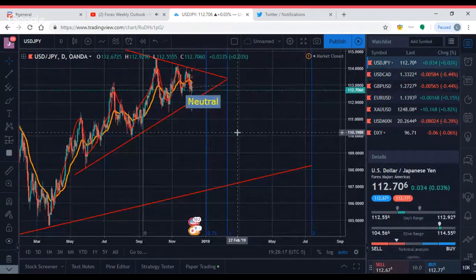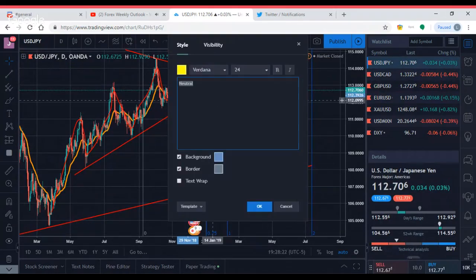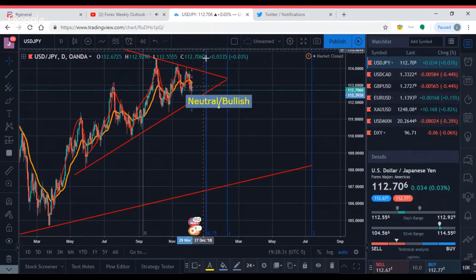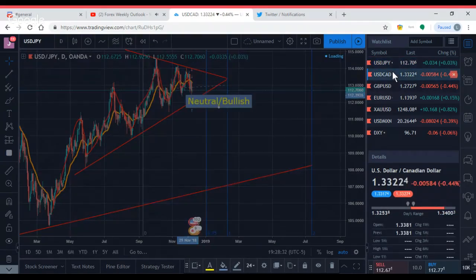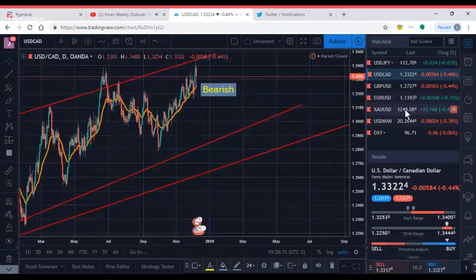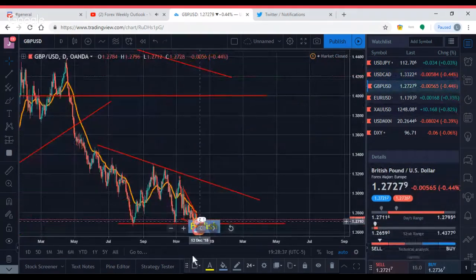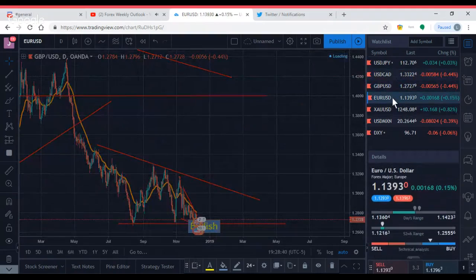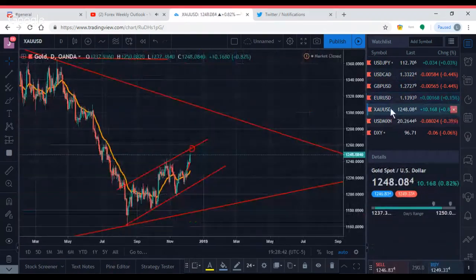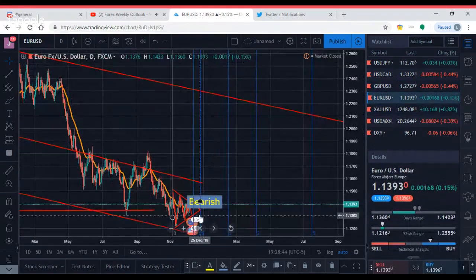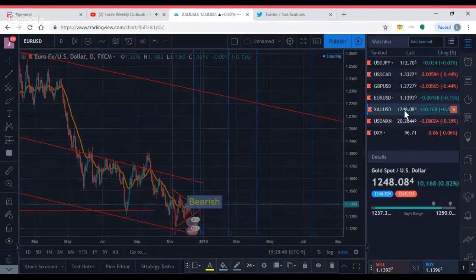Neutral, neutral slash bullish, because I think it's bouncing off that support. If anything major happens on the day, like this triangle breaks out or breaks down, I will definitely get on the mic and break down what I'll do next.